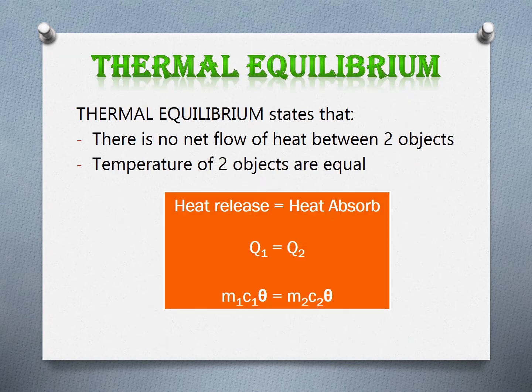Now, next we are going to talk about thermal equilibrium. This is a very important situation, where thermal equilibrium says that there is no net flow of heat between two objects, and the temperatures of the two objects are equal, which means the heat released is equal to the heat absorbed, which is Q1 equals Q2, and m1c1 theta equals m2c2 theta.